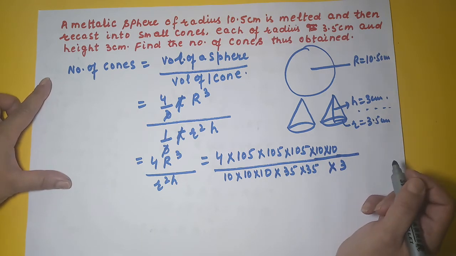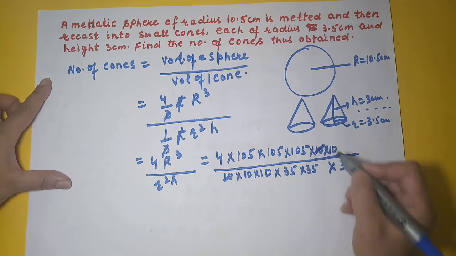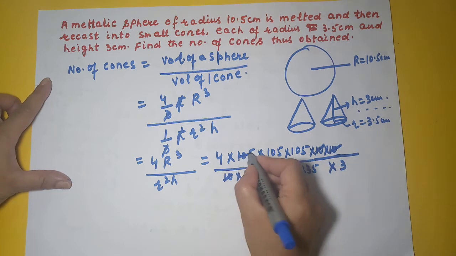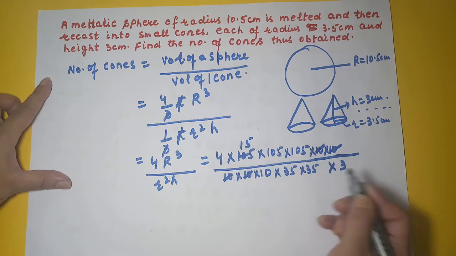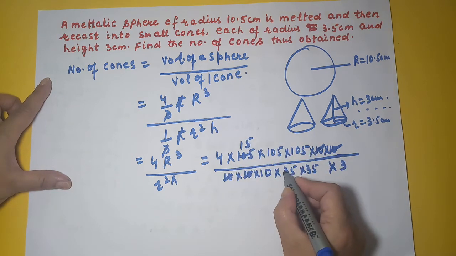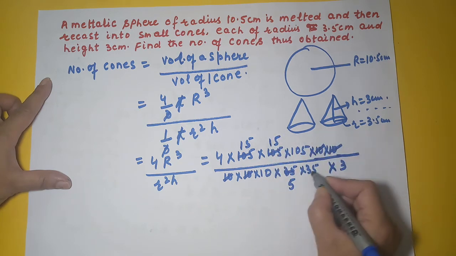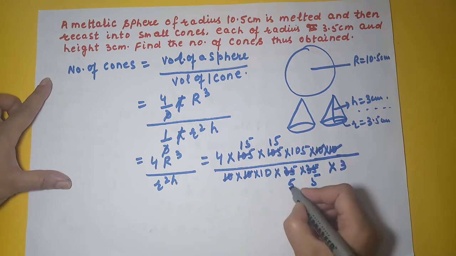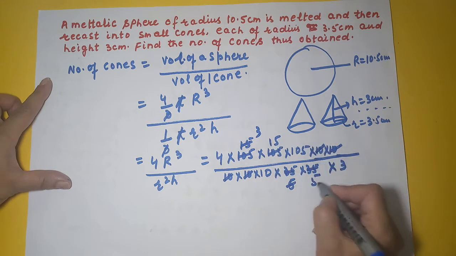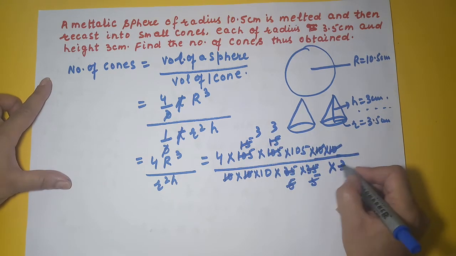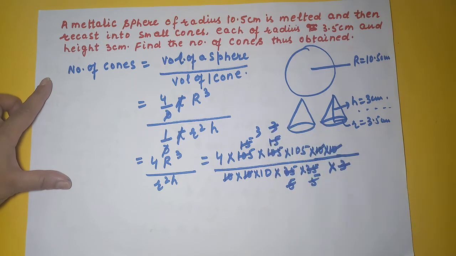Now let's do the calculations very carefully. This 10 and this 10 will go, this 10 and this 10 will go. So 7 ones are 7, 7 fives are 35. 5 threes are 15, and 1 3 and 1 3 will go.